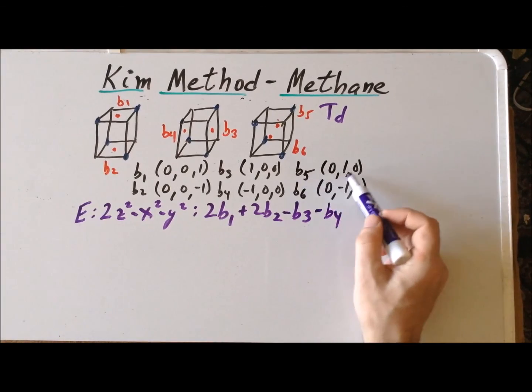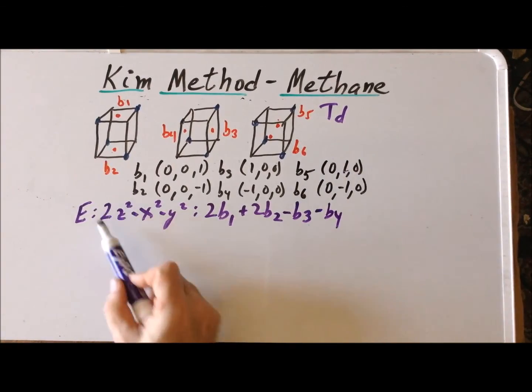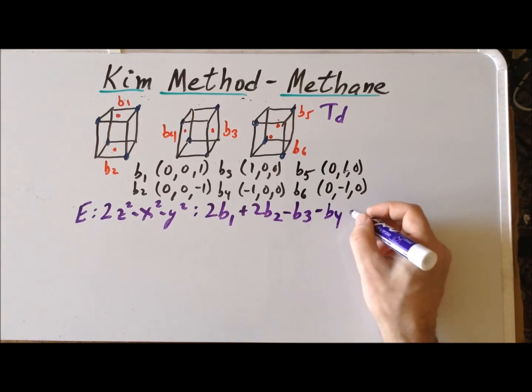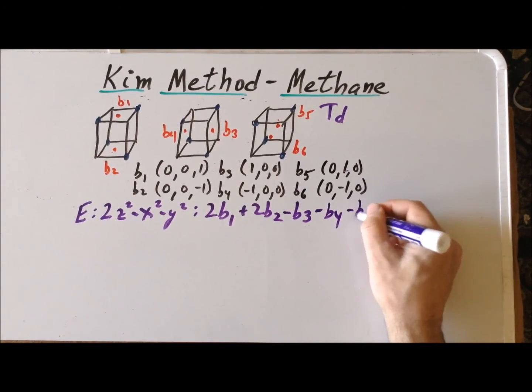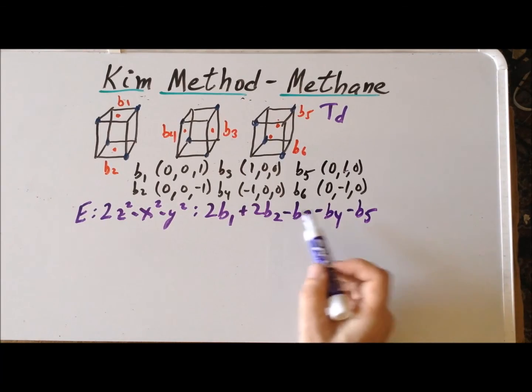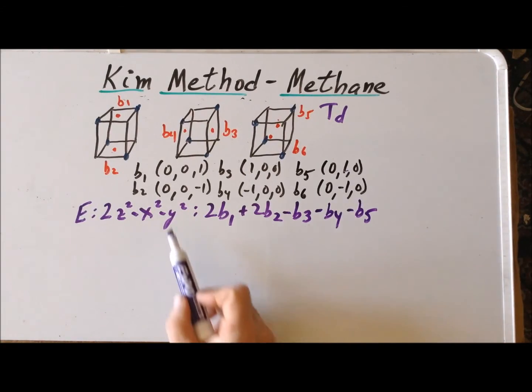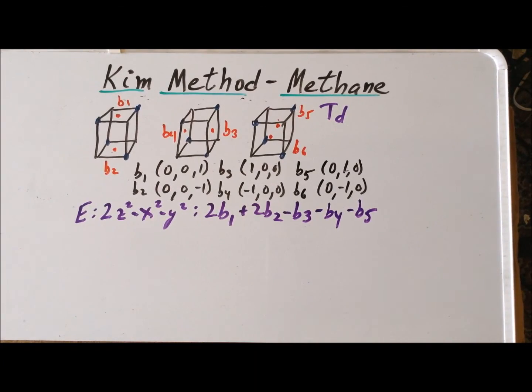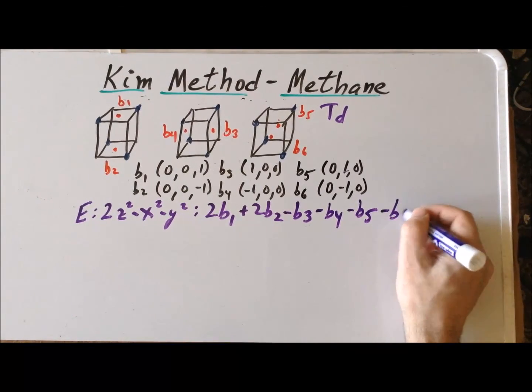For B5, the y-coordinate is 1, and so we evaluate this particular function, and that gives us minus 1 as the coefficient. So we have minus B5. And for B6, since y is equal to minus 1, when it's squared it becomes plus 1, we have the minus 1 in front, so the coefficient is going to be minus 1 B6.